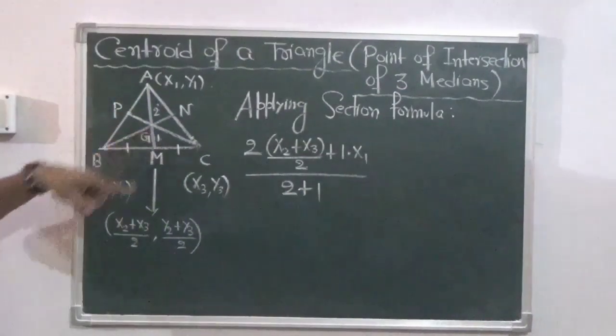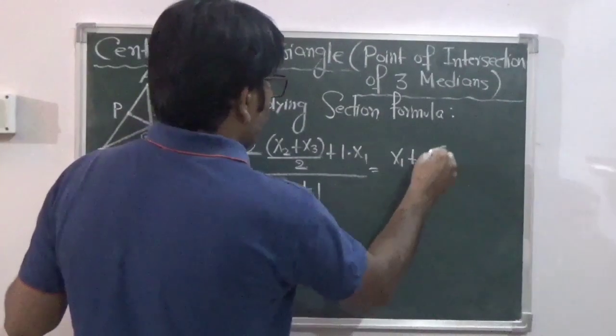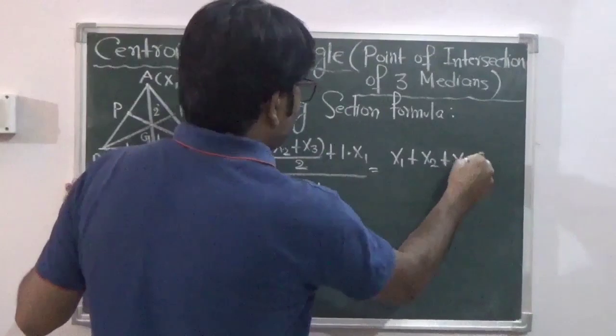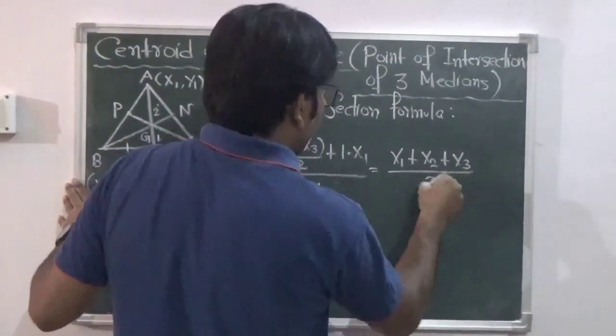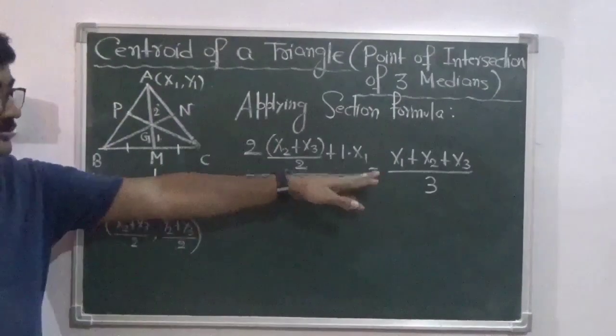So the x coordinate is this one, so you get (x1 plus x2 plus x3) by 3. So the x coordinate for the centroid is (x1 plus x2 plus x3) by 3.